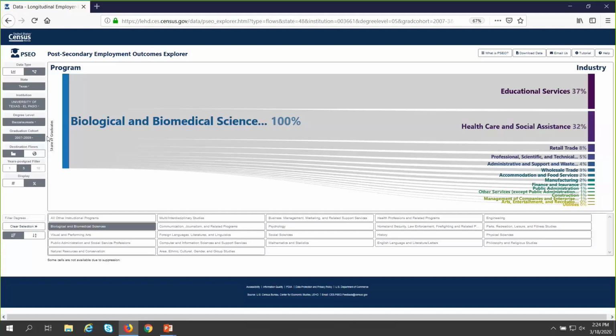Because over time, you'll eventually have a large enough case base where these confidentiality concerns will probably be less pressing. Yeah, so unfortunately there's not a plan to do that, and the reason is the matrix of destination flows is very sparse to begin with. Even if we add more data, we're still protecting it at the institution, degree level, degree field, graduation cohort level.